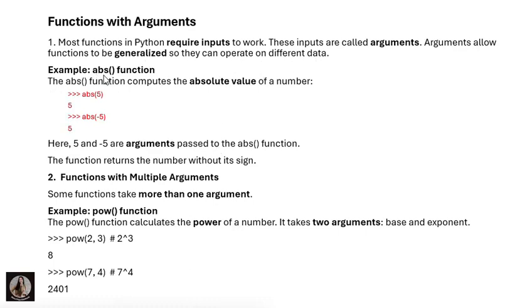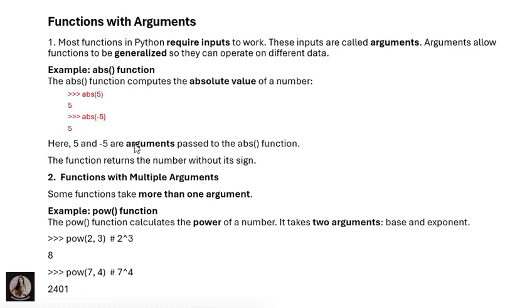For example, let us take the absolute function. The absolute function computes the absolute value of a number. If I take absolute of 5, it will give the output as 5. And absolute of minus 5 is also written in the output as 5.